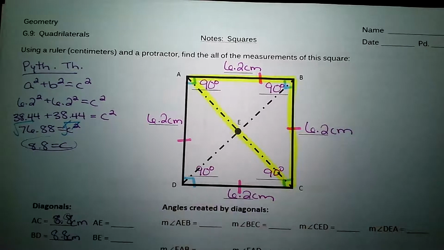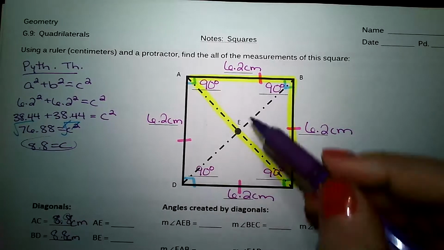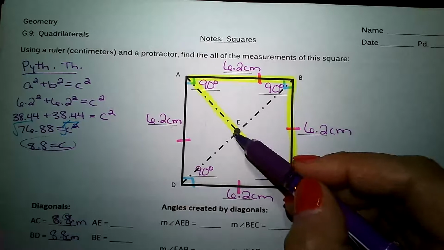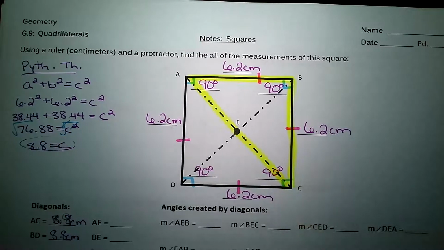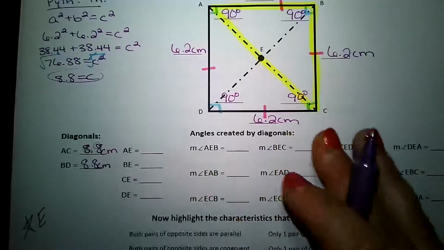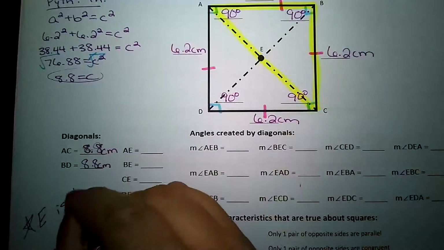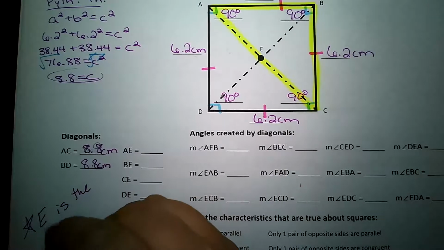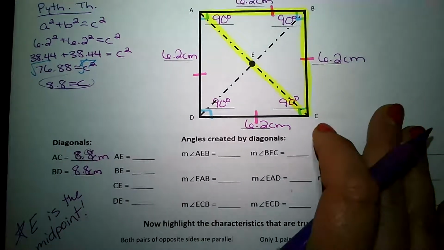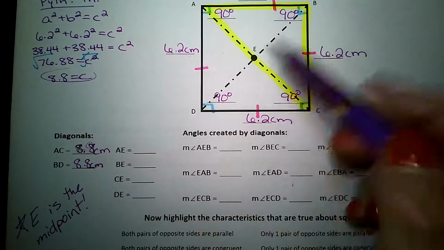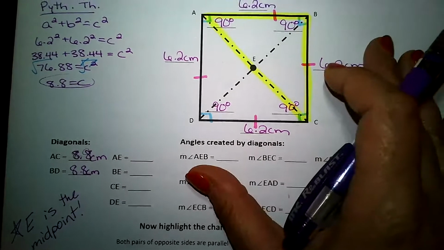Now let's talk about the parts of the diagonal. E has all along been a midpoint. It still is. E is a midpoint. And it looks like a midpoint. That's what I mean by don't overanalyze. E looks like it is in the middle, and it absolutely is in the middle.